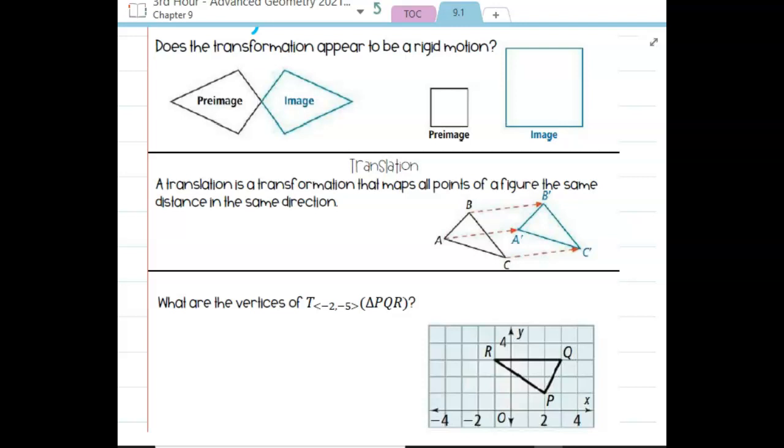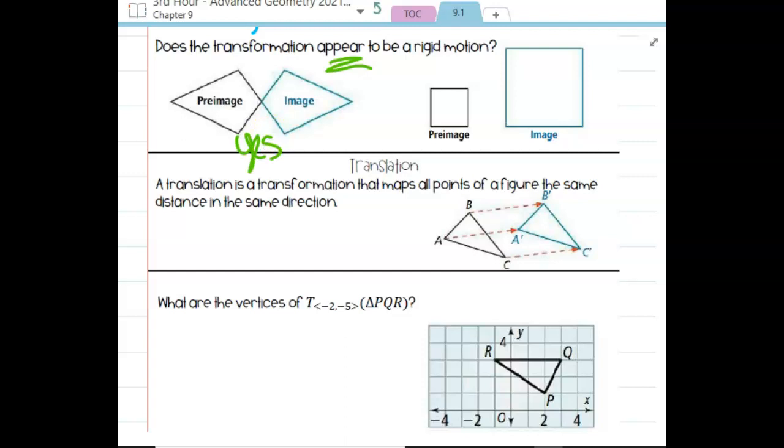If you look at this pre-image and image, you couldn't just slide it over, but you could flip it over, right? And it appears, oh yeah, it does say right here. The keyword there is appear, without actually taking out a ruler or a protractor. I mean, it looks like it'd be the same thing, right? It would just flip over and lay right on top of the other one. So I would say yes, that one looks like it does.